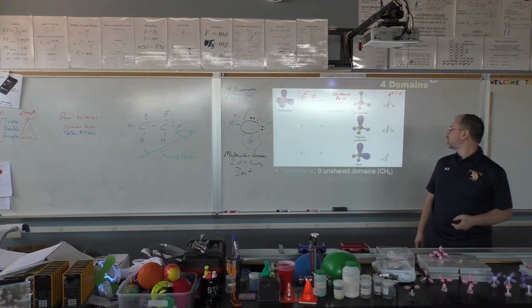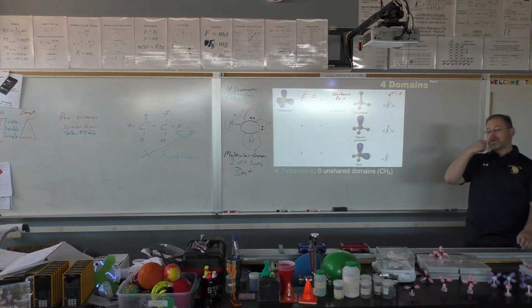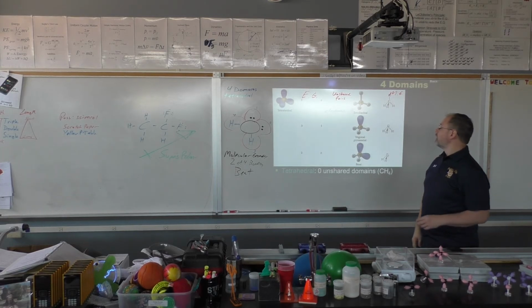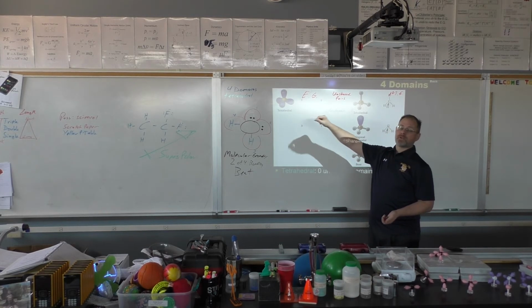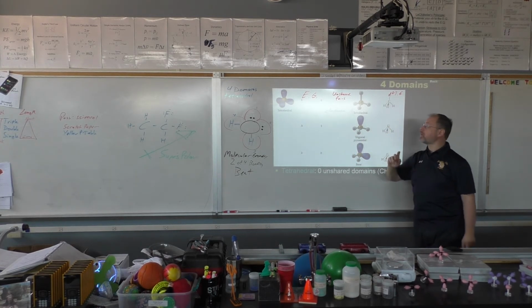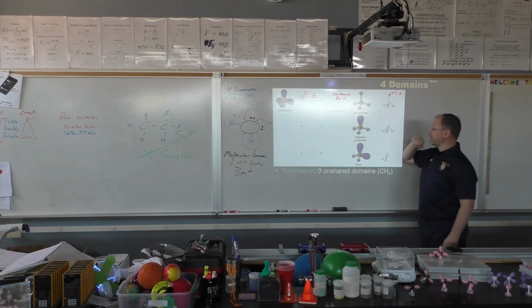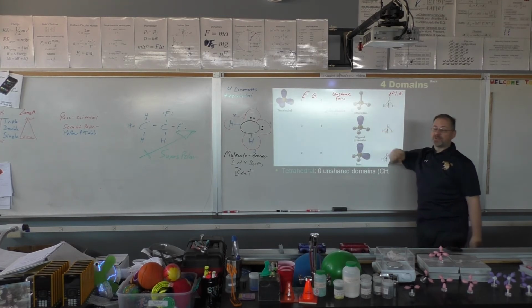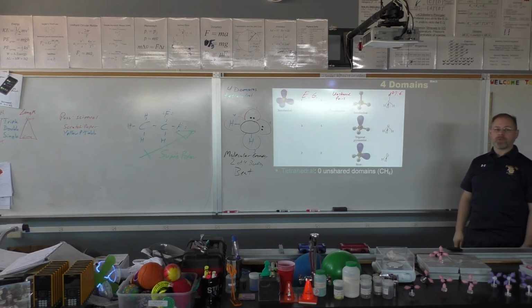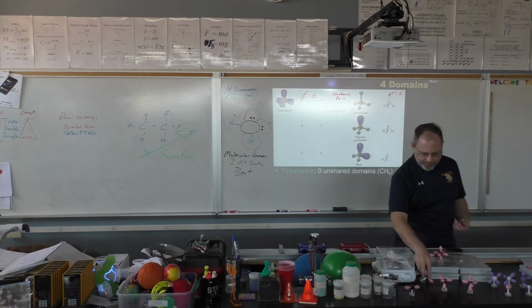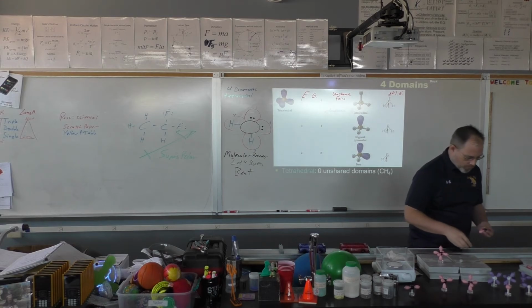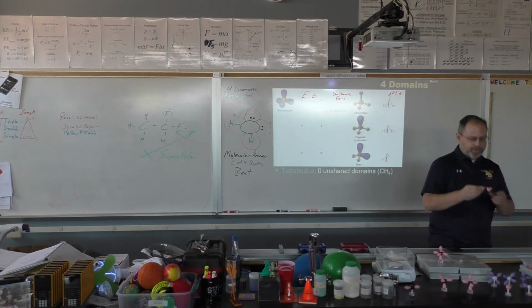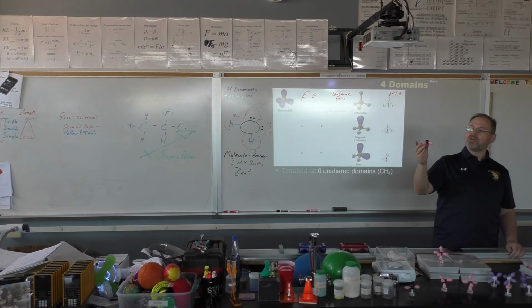All right. If you have four domains, the electronic geometry is tetrahedral. If all of those domains are bonding, then you have a tetrahedral molecular geometry. If only one of them is non-bonding, you get a triangle pyramid.